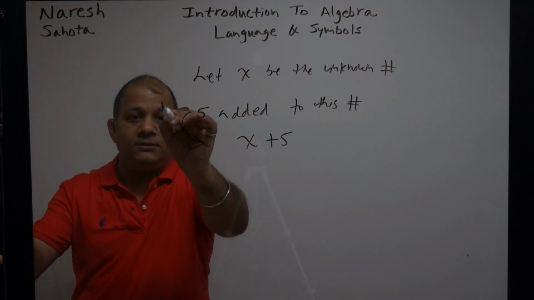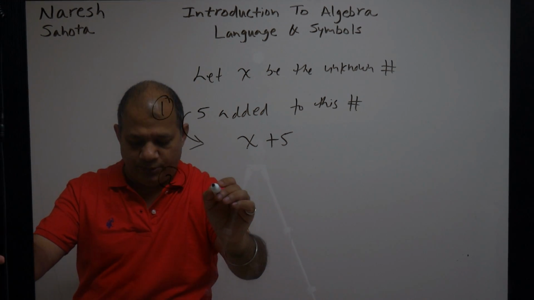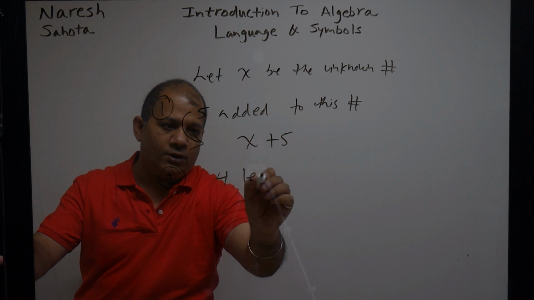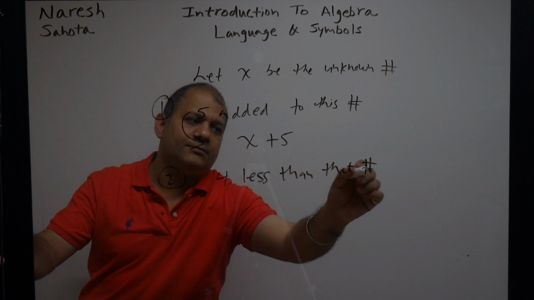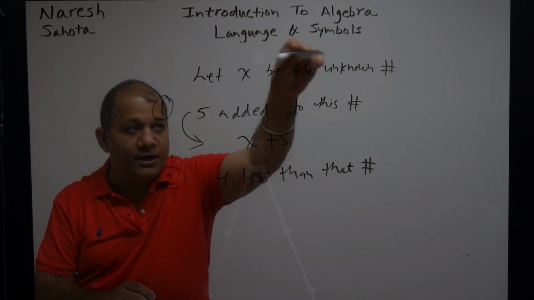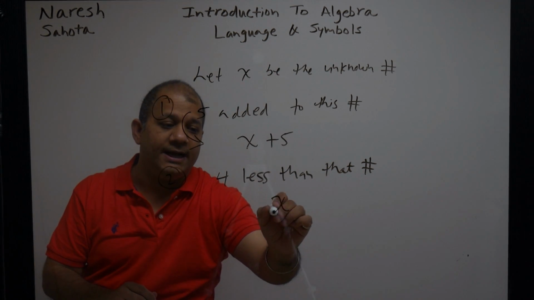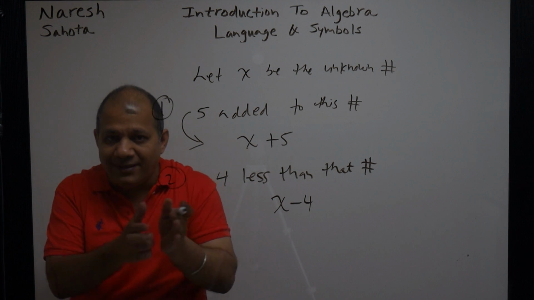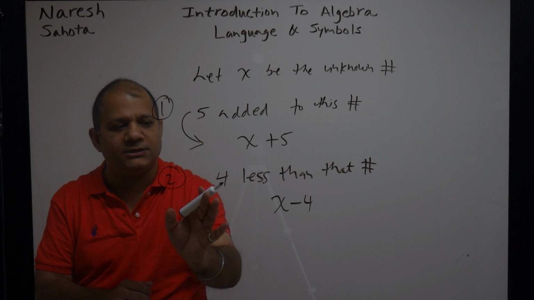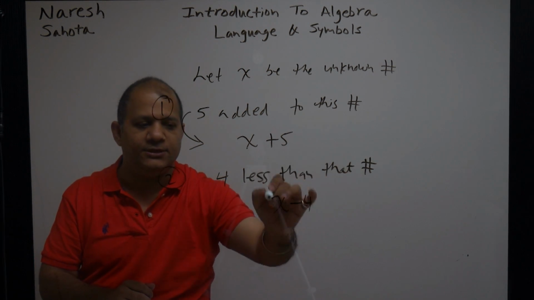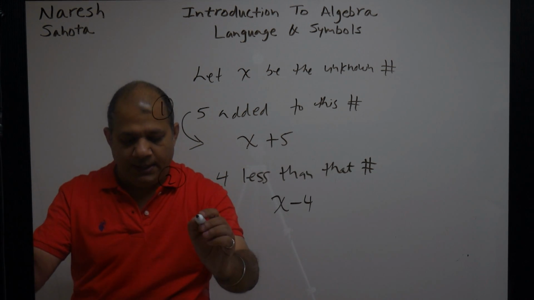Now another one, so I'll call that example 1, and this is example 2. 4 less than that number. 4 less than the unknown number would be x minus 4. So it's 4 less than the original number. Again, what I want to get across is how we translate the sentence into a mathematical expression.